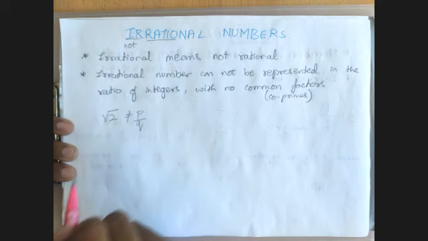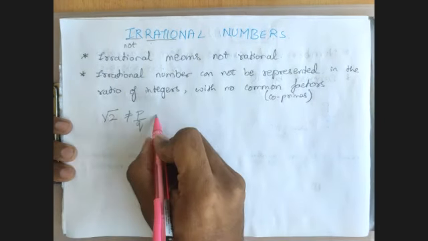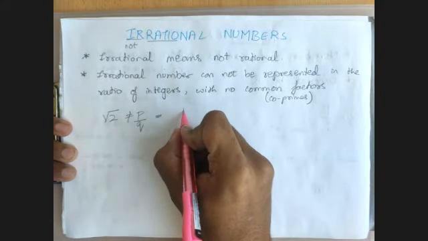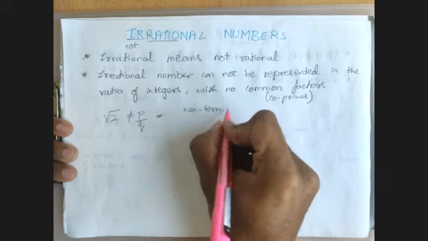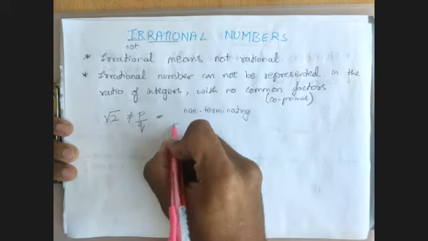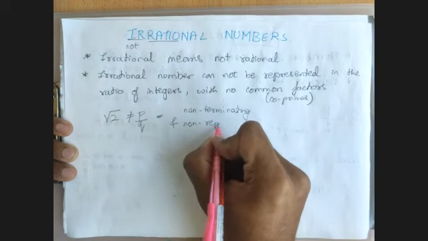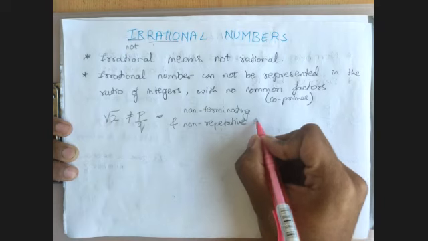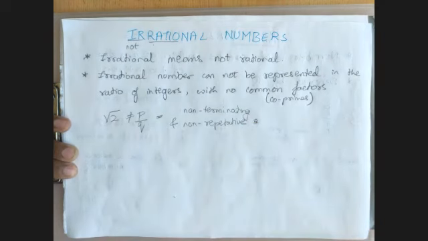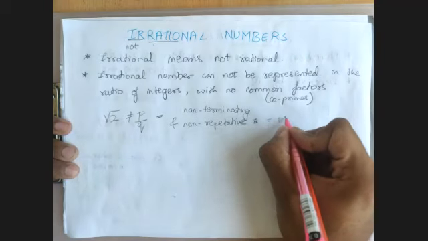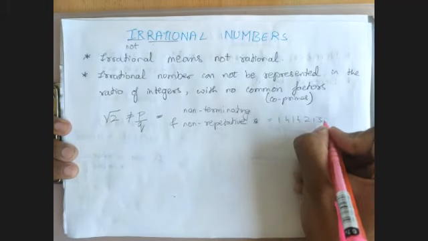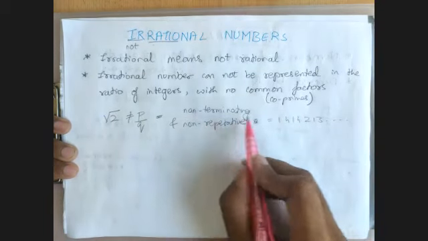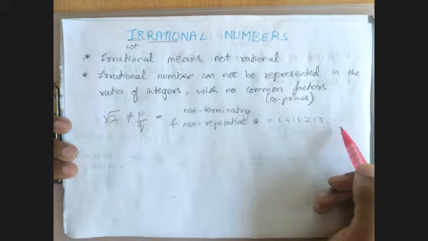As we all saw, it has a non-terminating and non-repetitive sequence of decimals: 4, 1, 4, 2, 1, 3, and so on. So the decimal values are non-terminating, it is not ending, and it is non-repetitive.